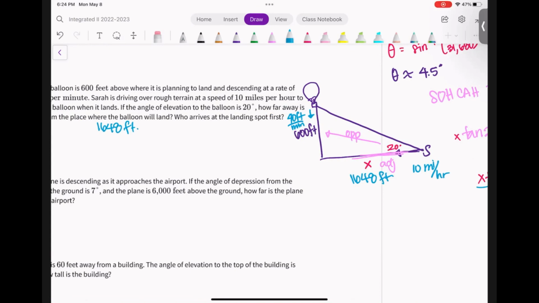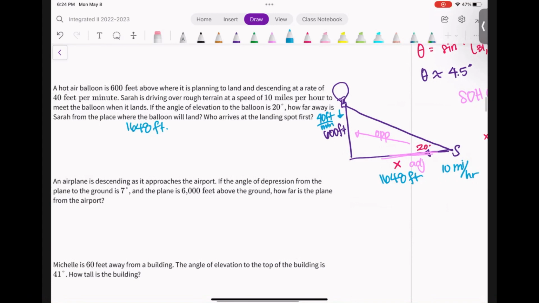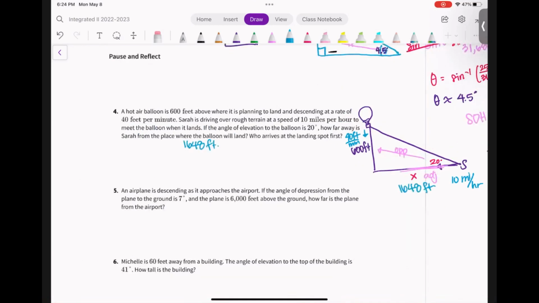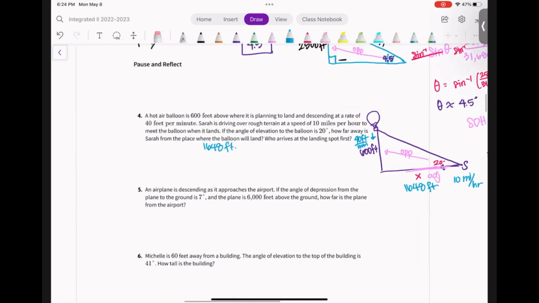So either I'm going to convert 40 feet per minute to miles per hour, or I'm going to convert miles per hour to feet per minute. I'm going to convert miles per hour to feet per minute because that makes more sense to me. Otherwise it's going to be a lot of decimals.